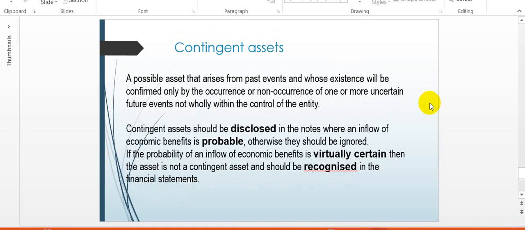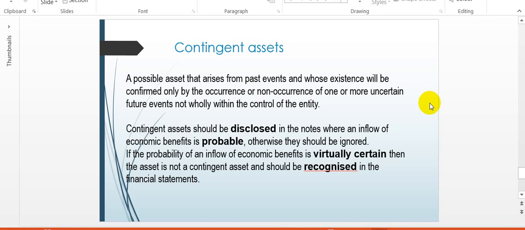The standard defines a contingent asset as a possible asset that arises from past events and whose existence will be confirmed only by the occurrence or non-occurrence of one or more uncertain future events, not wholly within the control of the entity.